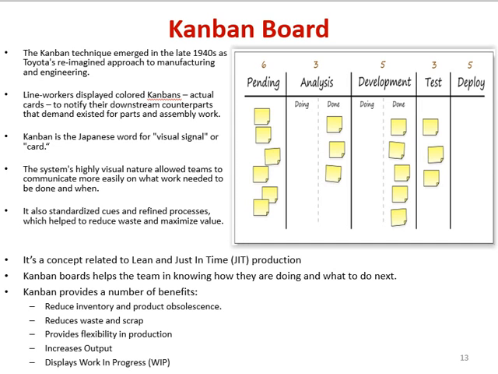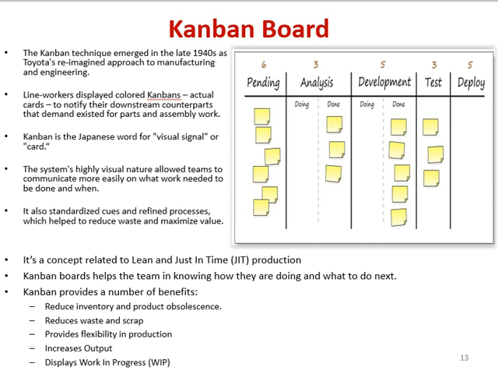On a board you have multiple cards showing the pending status, analysis status, design status, test, and the final. By looking at the Kanban board, anyone can tell the health of a project: how many tasks are work in progress, and how many are completed. It's an enhanced version of a cumulative flow diagram, which we can use as an information radiator in our project to describe its health.